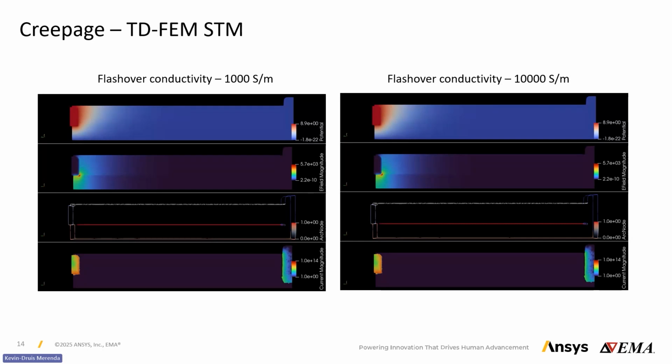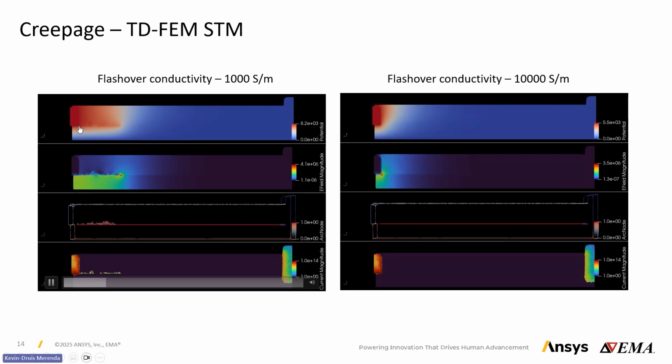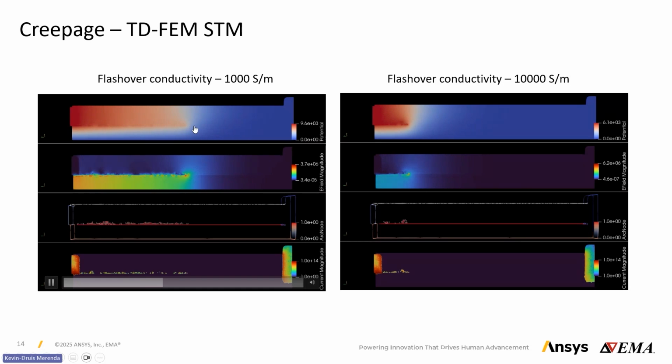And so with this flashover enhancement, we can actually also mesh very finely along the surface. We have a boundary element mesh or a boundary mesh method that the solver automatically uses to create very thin layers near the surface. And then ultimately what we're going to be looking at here is this conductivity changing along the surface, and we can see the potentials changing based on the actual conductivity that we set.